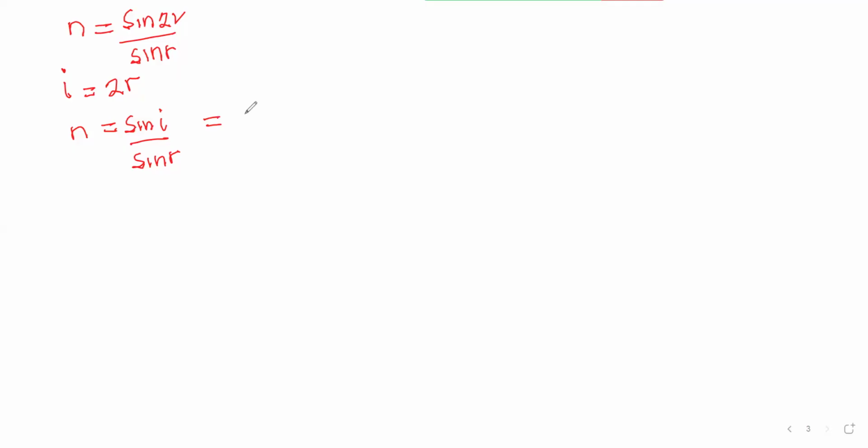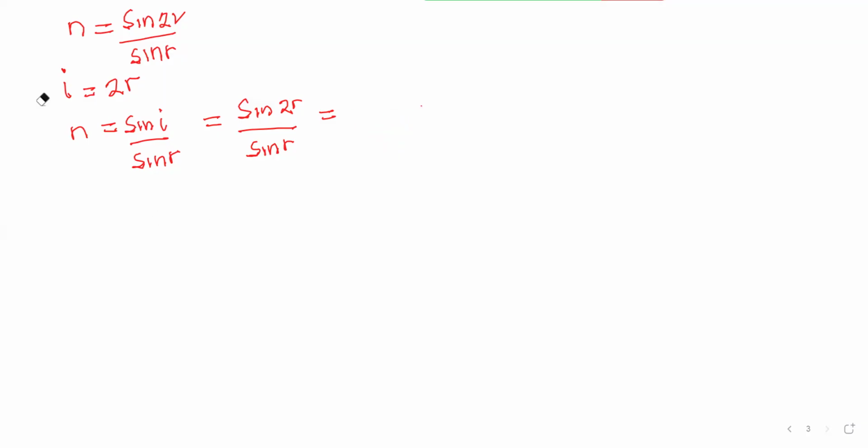So substitute 2R for I, and we have the refractive index giving us sine 2R over sine R. Please do not make the mistake of perceiving this as sine R 2 over sine R so that you cancel out to have 2. That is wrong. What we have at the numerator is a double angle.